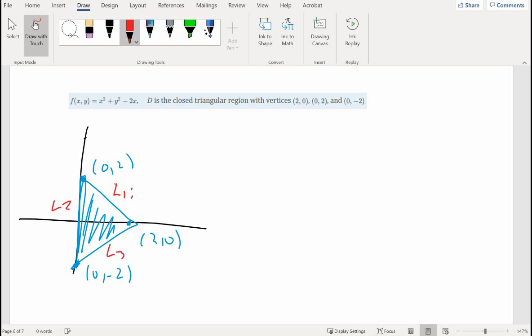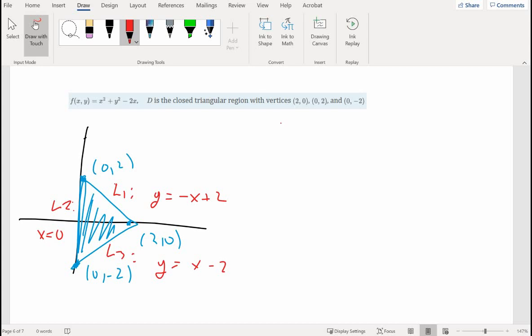So L1, that line, is y equals negative x plus 2. You can just use slope-intercept form going from the point 0, 2 to 2, 0. And then L3 down here is y equals x minus 2. And then L2 would just be when x equals 0.